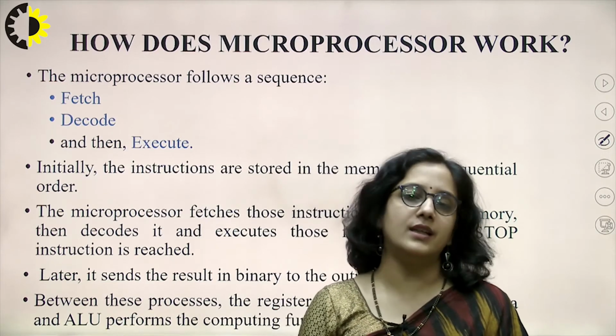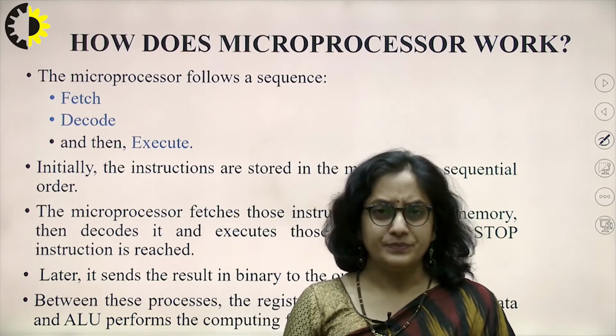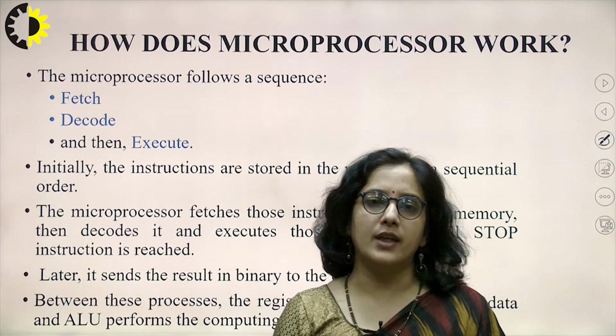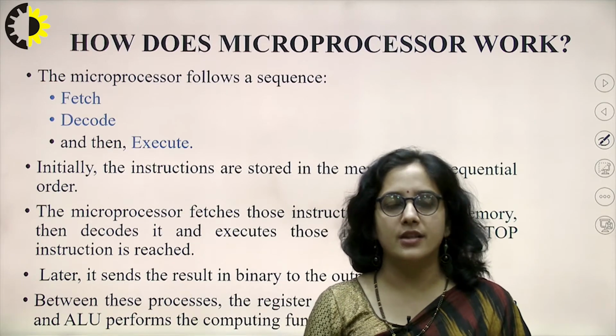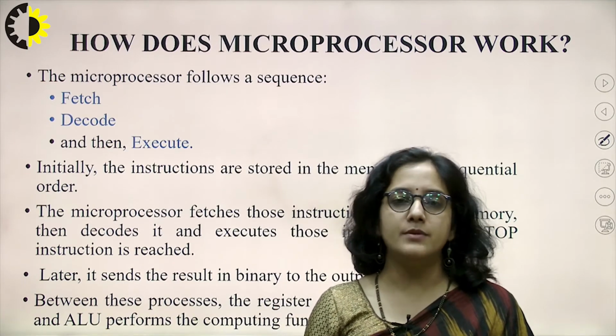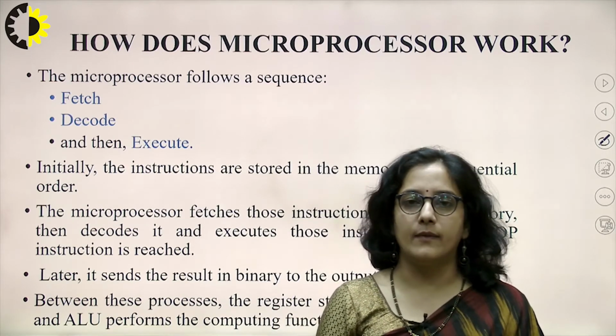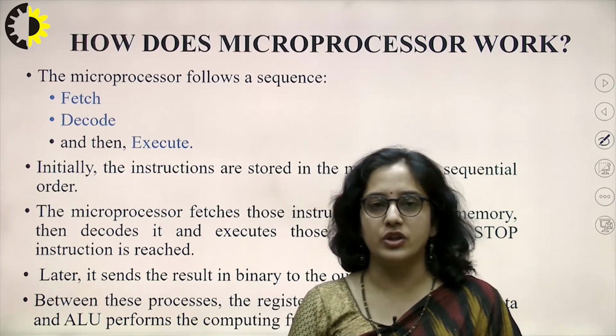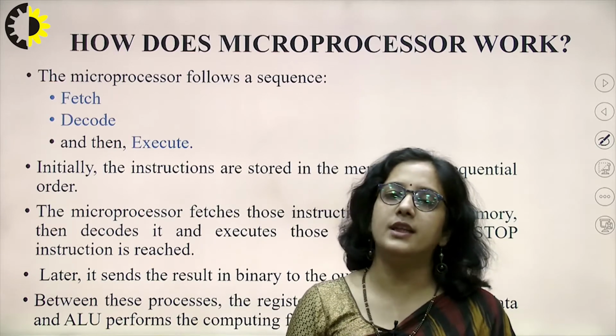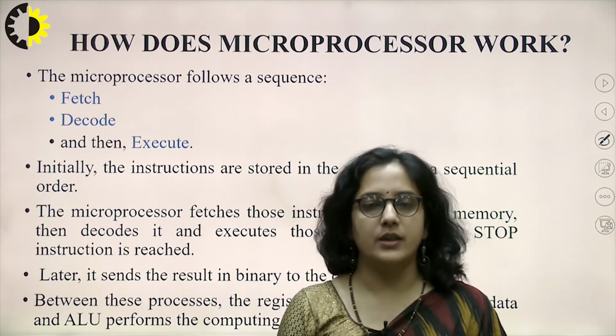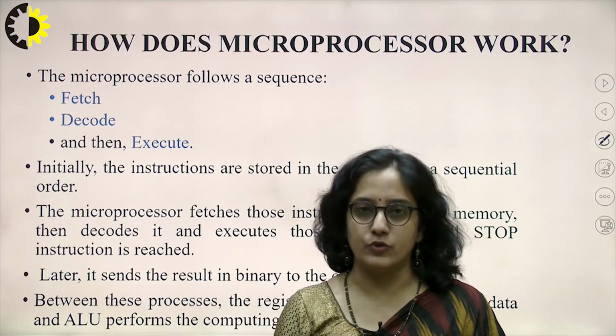It decodes that instruction, and after decoding, some control signals are generated which help the microprocessor to execute that instruction. So, for each and every instruction, the microprocessor performs 3 tasks: fetching, decoding and then execution.